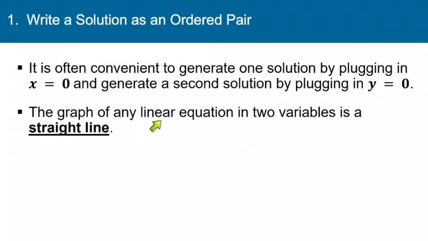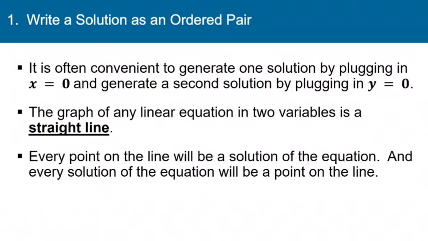You see the word line inside the word linear. So these are called linear because their graphs do make a straight line. So when we look at a graph of a linear equation, every point on the line represents a solution of the equation. And the other way around, every solution of the equation will be a point on the line.